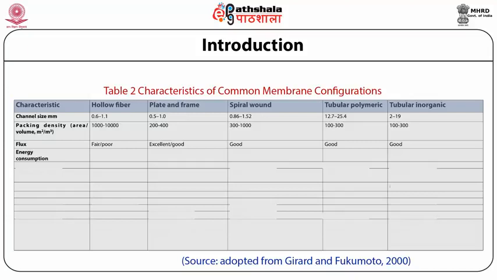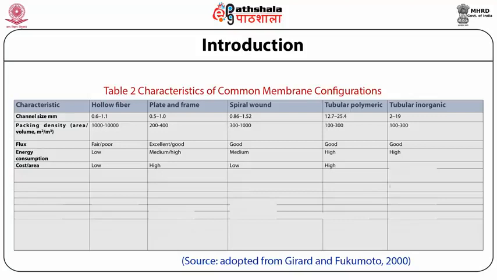Energy consumption: hollow fibers run on very low pressure. Plate and frame varies from medium to high, and spiral wound and tubular membranes may vary from low to high. Cost per unit area is low for hollow fiber, high for plate and frame, low for spiral wound, and high or very high for polymeric tubular.